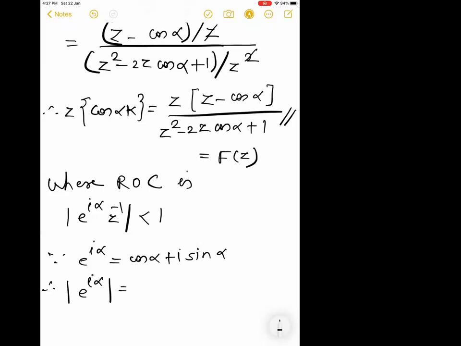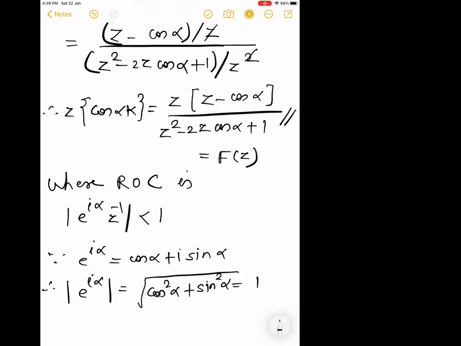What is the meaning of modulus? It is under the square root sign cos square alpha plus sin square alpha. Is this correct? Modulus of z or anything, magnitude, means under the square root sign, real part square plus imaginary part square. So cos square alpha plus sin square alpha. And what is this identity? Cos square alpha plus sin square alpha? It is 1.